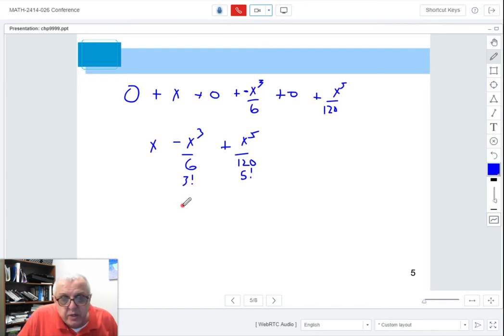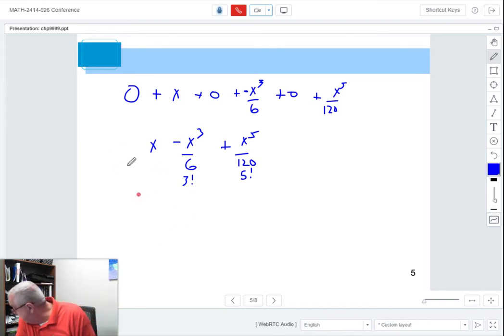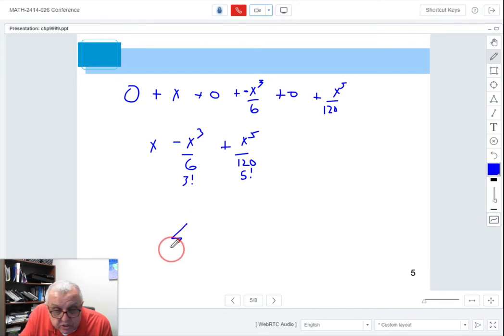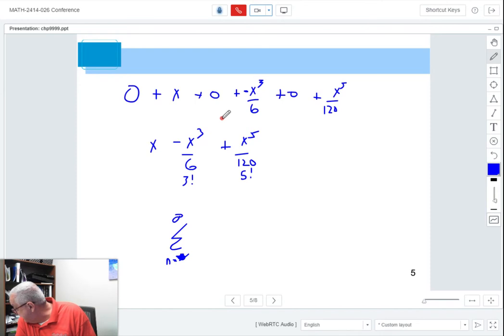Can we write this in one simple term? Don't forget, we're doing a summation from n equals 0 to infinity. So can we write this as a summation? If you notice, it goes positive, negative, positive.